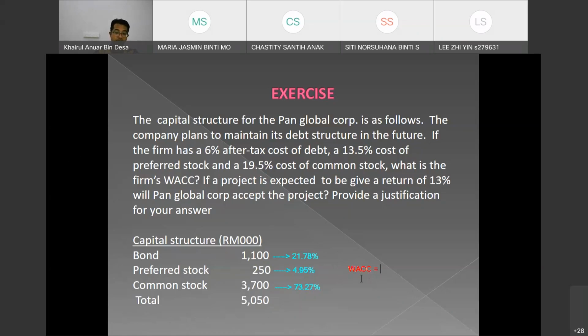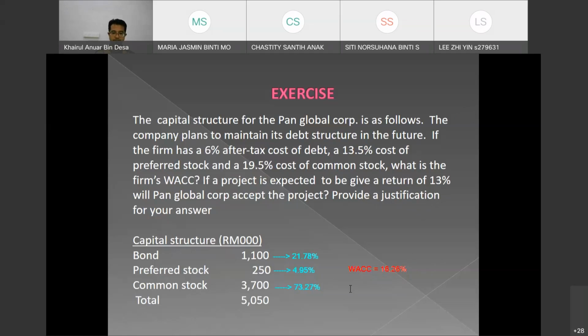Okay, WACC is confirmed 16.26%. This is the WACC, 16.26%. Given here is, mana dia? Expected rate of return.